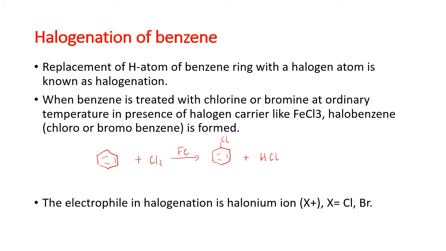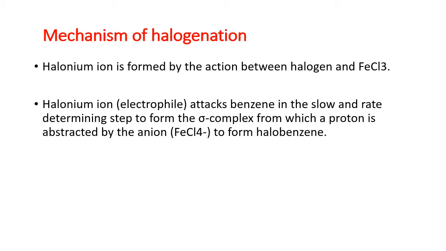And the electrophile in the halogenation reaction is the halonium ion X+, where X can be chlorine or bromine. Mechanism of halogenation. The halonium ion is formed by the action between halogen and ferric chloride.